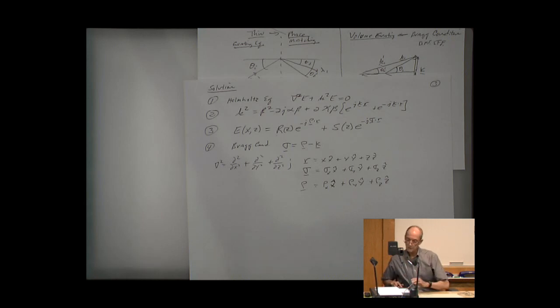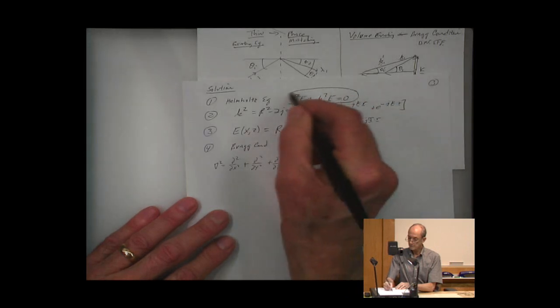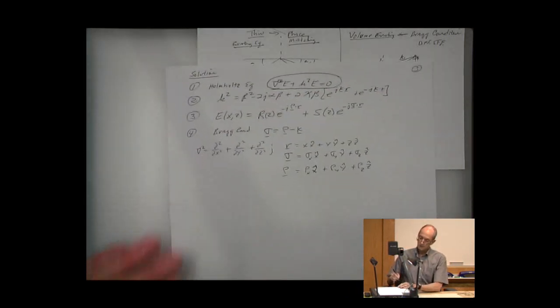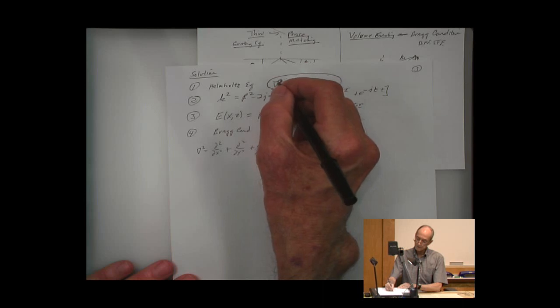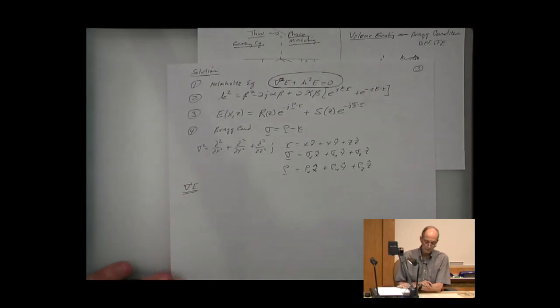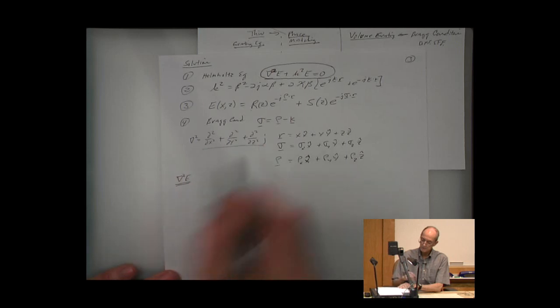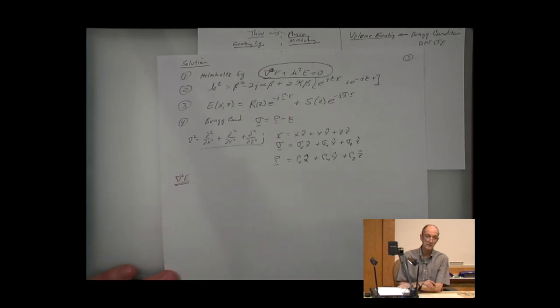All right, so here's the equation that we have to solve. We have two parts, so let's take the first part. We want to come up with del squared E, that part of it. We need to take the second derivatives, but before you take the second, you have to take the first.